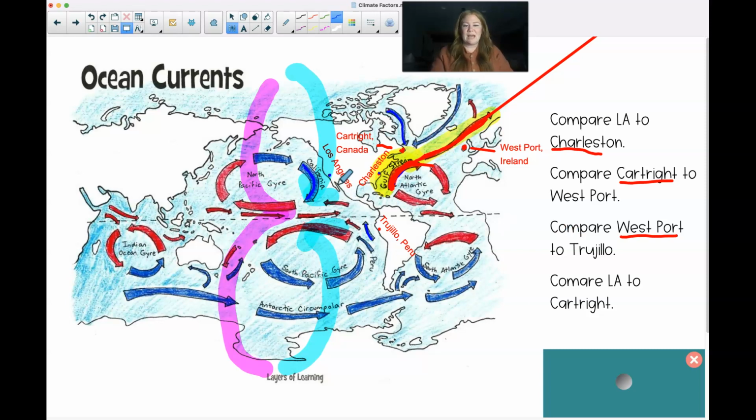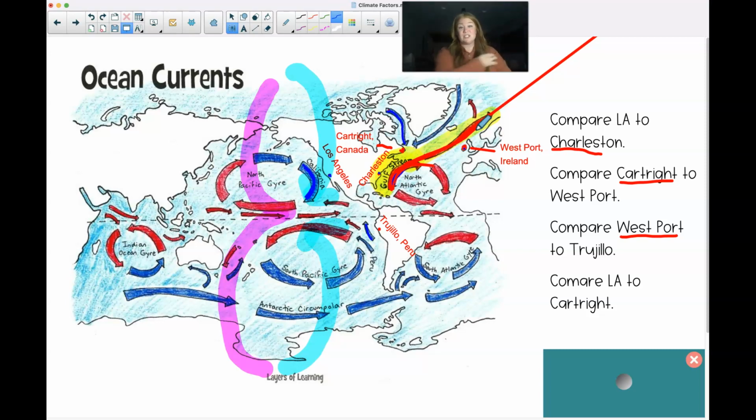Okay, and then let's look at Los Angeles and Westport. So again, Westport has a higher latitude. However, it has that red warm current going up. And California is going to have this cold one coming down. So California is generally sunny, but that water is not going to be as warm there compared to this water here.